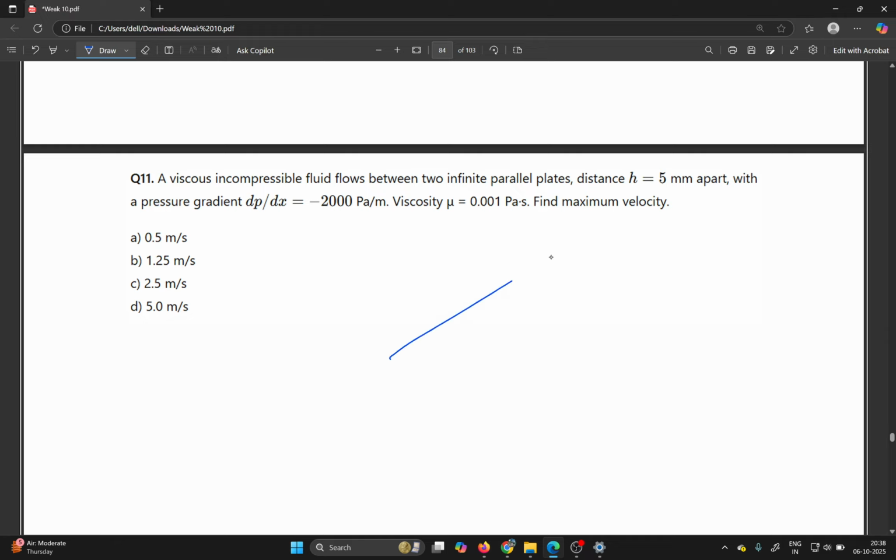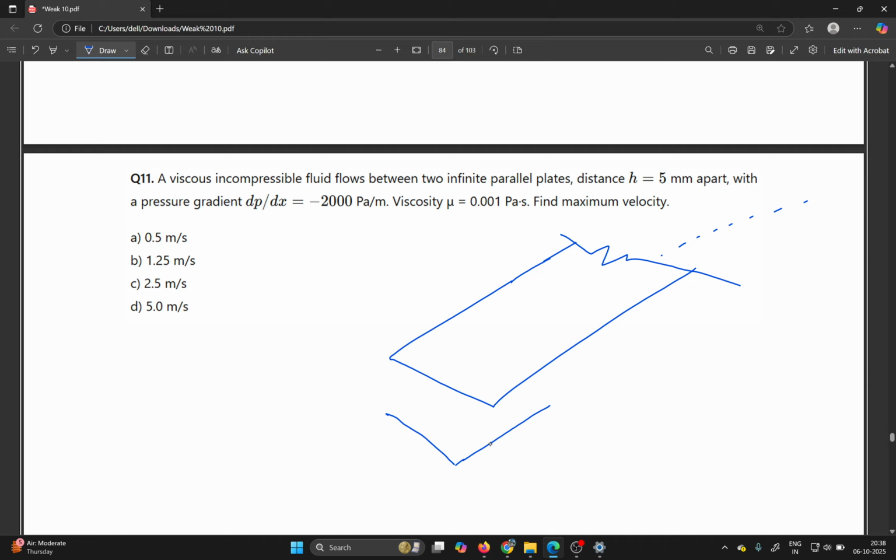Infinite means there is a lot of length, and parallel means the plates are like this.